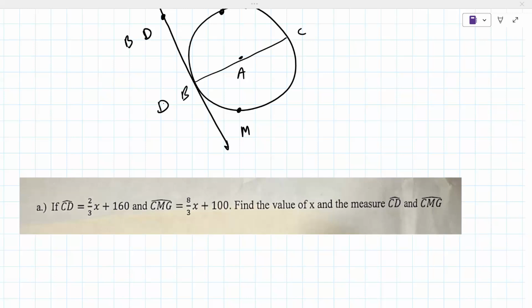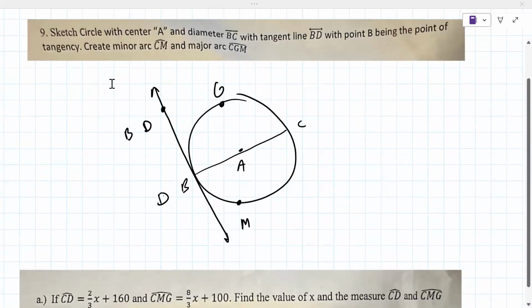This one did not come up. So we're just not going to be able to do 9, unfortunately. That's fine.